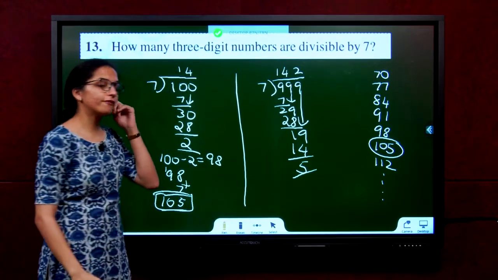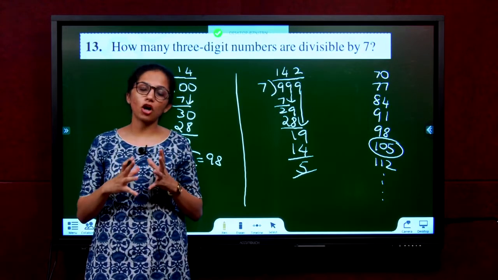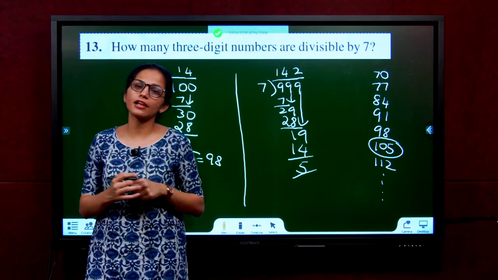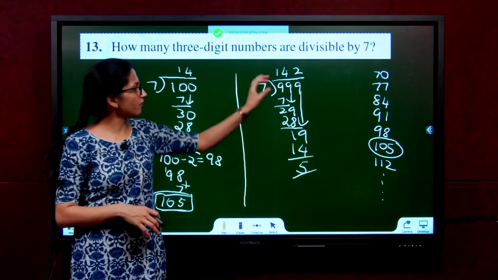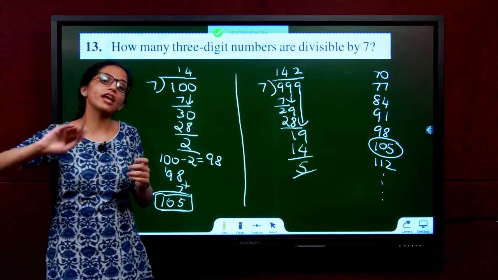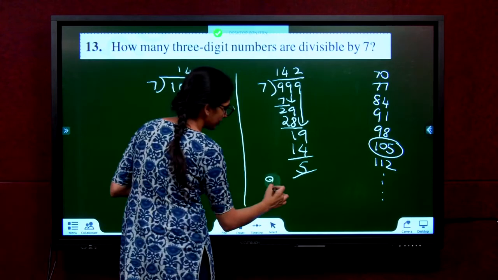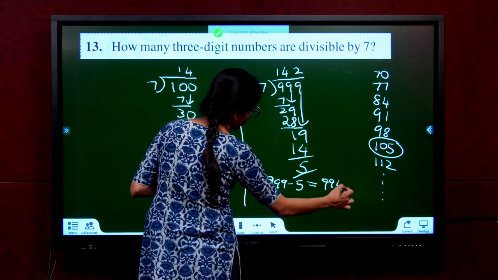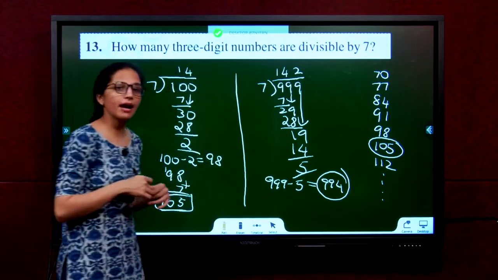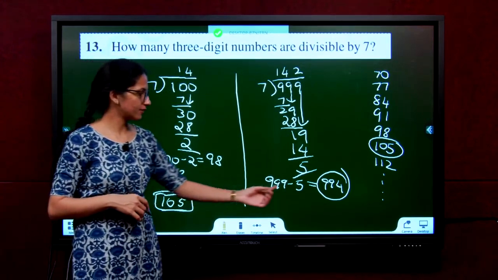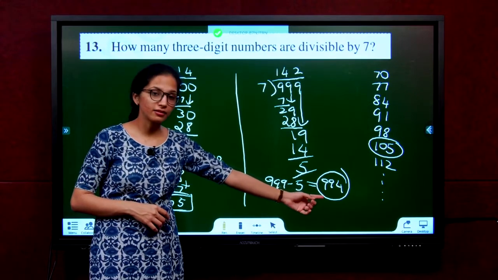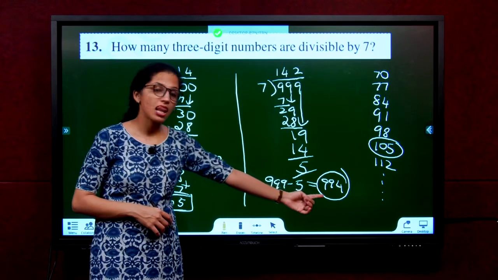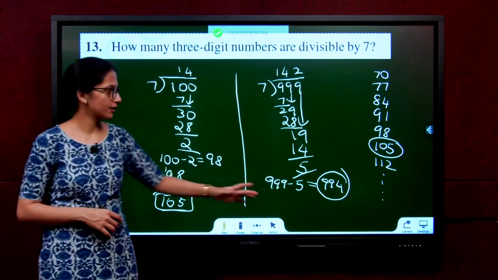That means if I had 999 chocolates and I had to give them to 7 students, I would have 5 remaining at the last and I wouldn't know what to do. So from this 999, remove those 5 extra. How much is it? 999 minus 5, 994. This is my last 3-digit number that is divisible by 7.